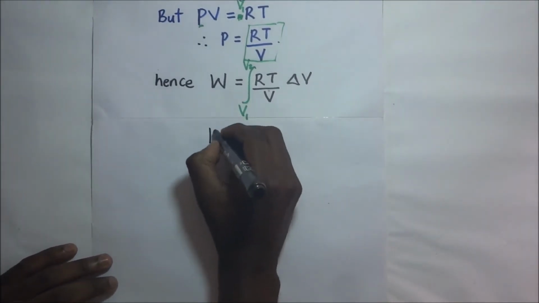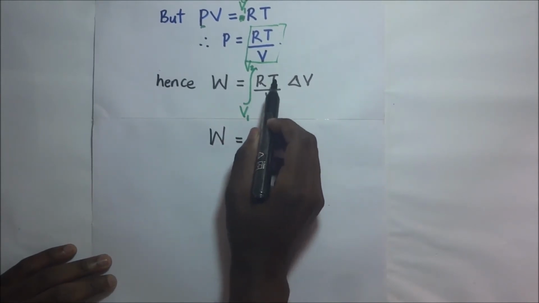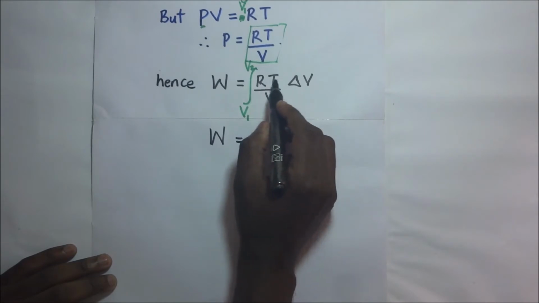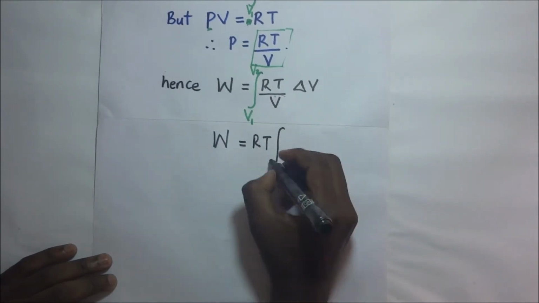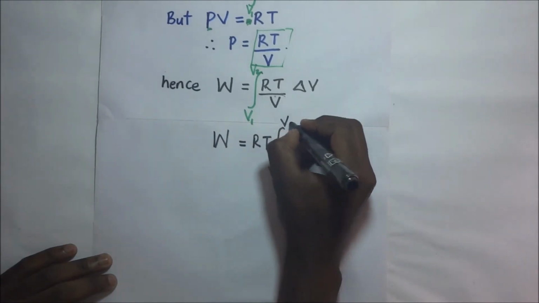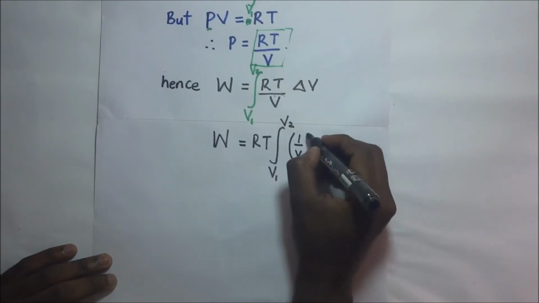So work is going to be equal to, now integrating, R is a constant, so we can put this RT outside the brackets: RT integral from V1 to V2. Here I'm assuming that you are well versed with your integration from calculus.